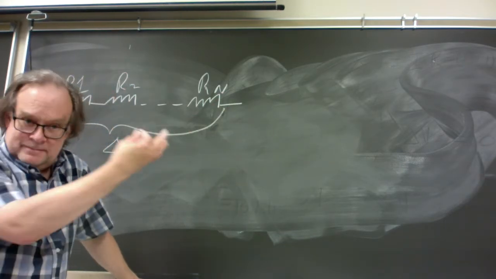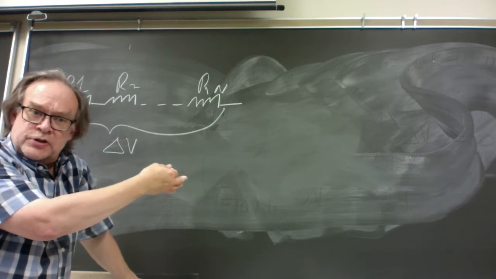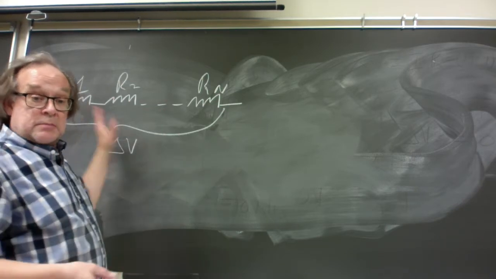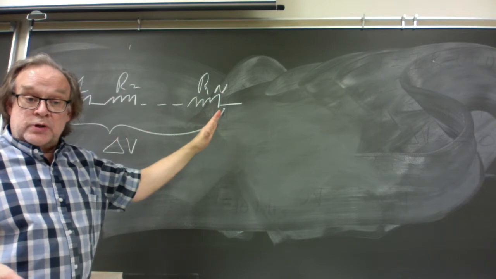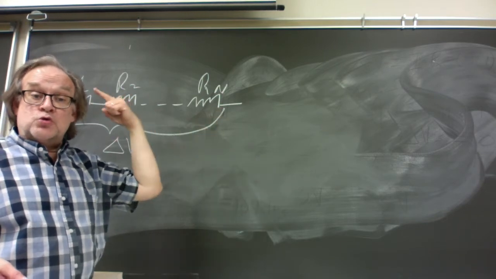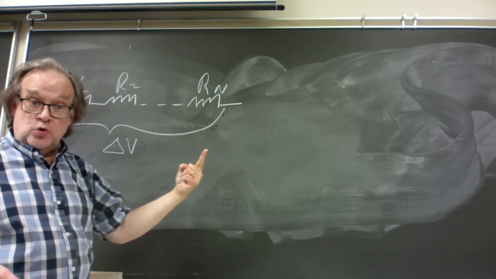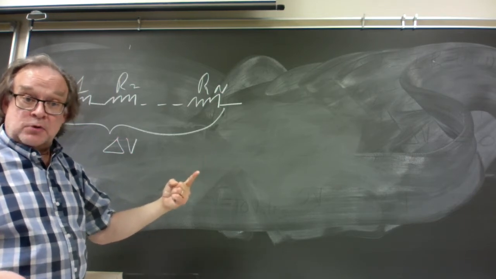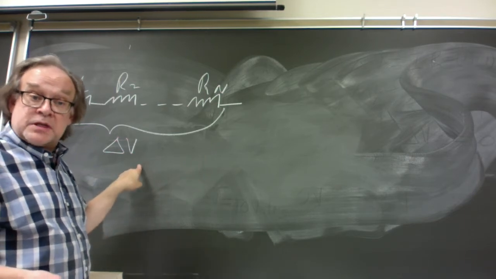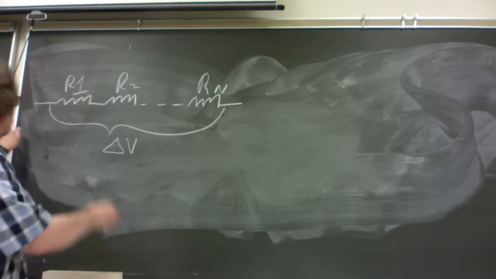But similar to what I just said, it is always possible to substitute this string of resistances for just one resistance that will give you exactly the same current if this potential difference is the same.